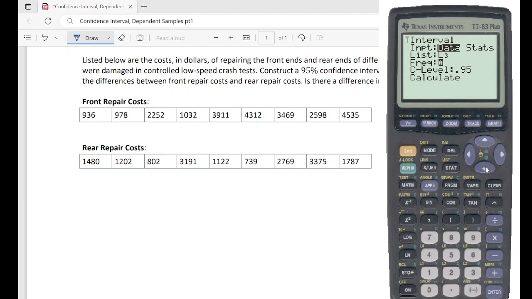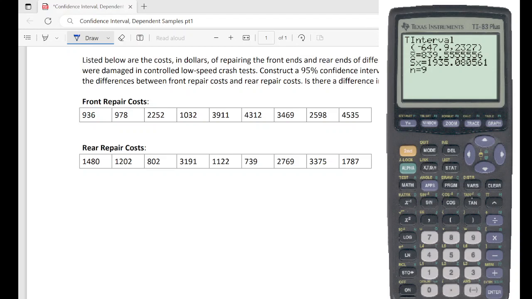Frequency is 1, and we want our C-level, our confidence level, to be 95% or 0.95 as written in the question. And we go to Calculate. It's going to think about it for a second, and then it's going to give us the confidence interval right there, negative 647.9 to 2327.